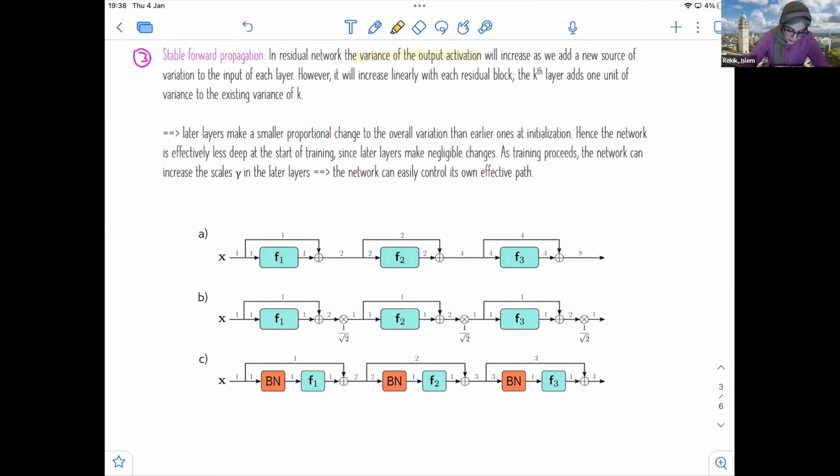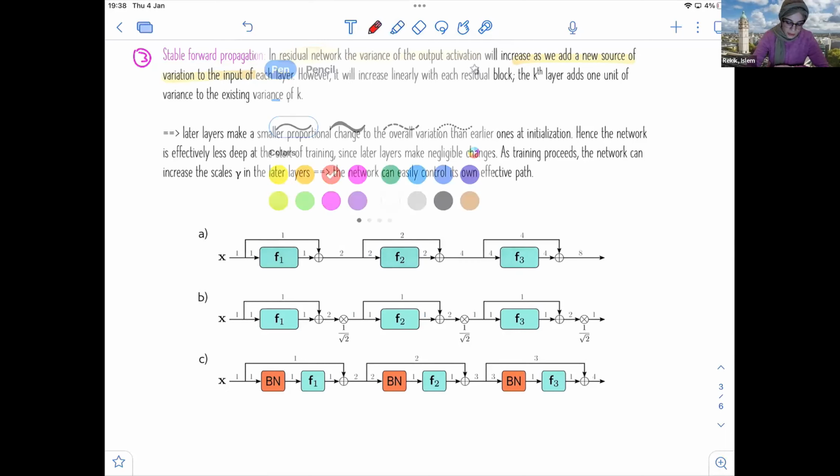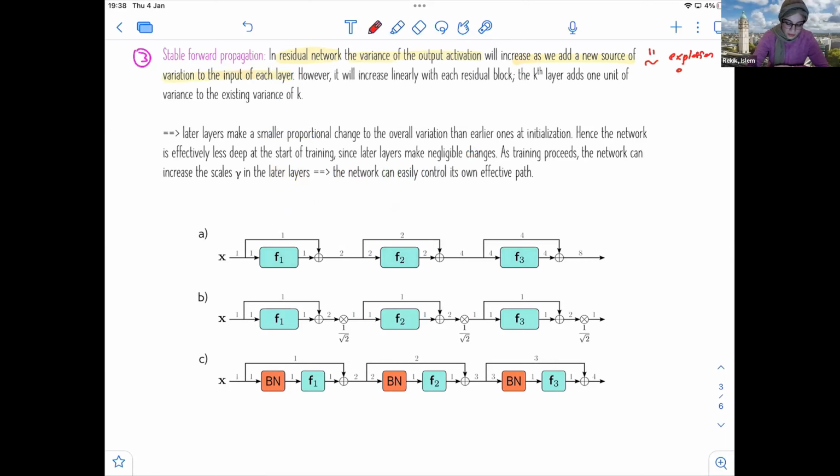We know that in residual networks, the variance of the output activations will increase as we add a new source of variation to the input of each layer. This is what leads to the explosion of activations as the network deepens. Okay. However, it will increase linearly with each residual block.